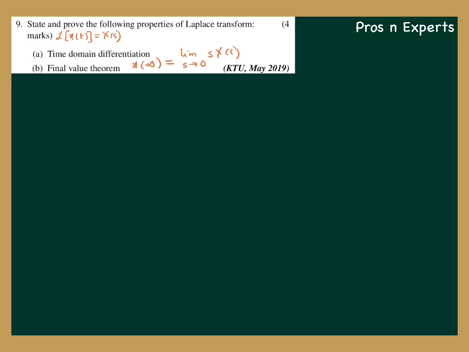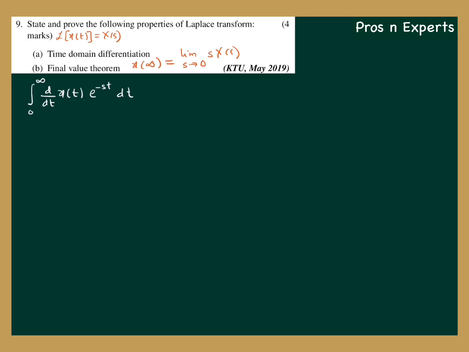So how we start the final value theorem is, you start with the time domain differentiation. We have just obtained the time domain differentiation, right? So we start with the equation. Again, taking the unilateral Laplace transform, 0 to infinity d by dt of x of t into e raised to minus st dt.